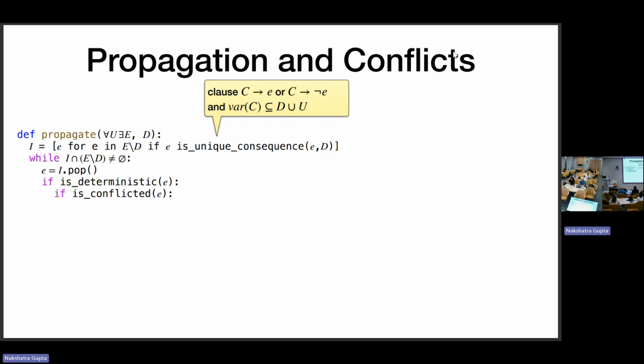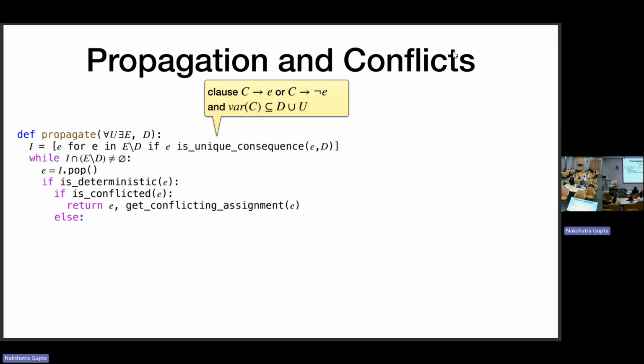And once you have found a variable that's deterministic, you ask, is it conflicted? If it is conflicted, we'll find an assignment of the universally quantified variables and of the variables that have already been identified as deterministic, and return that as our result.